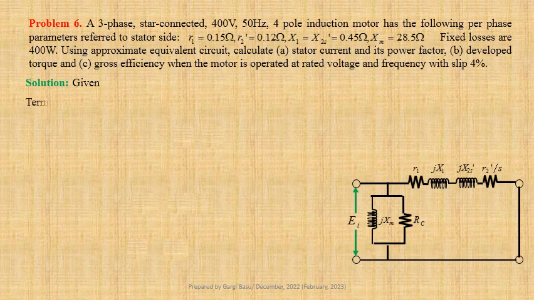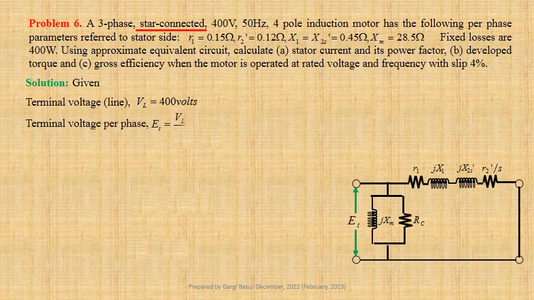Given line-to-line terminal voltage V_L equals 400 volts. For star-connected induction motor, terminal voltage per phase E_T equals V_L by root 3, that is equal to 400 divided by root 3, that gives us 230.94 volt.